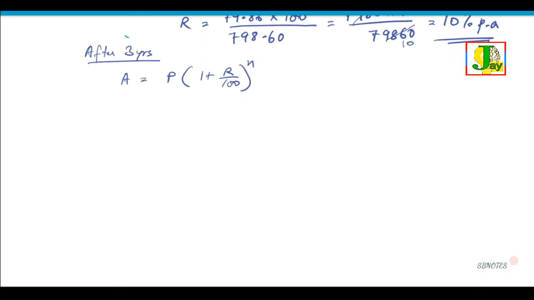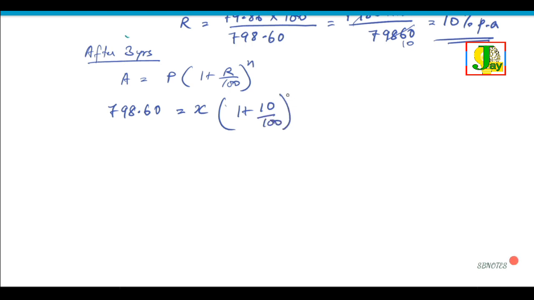Now we can use the amount formula for 3 years and put in R, so that we get how much the principal was. The amount for 3 years was 798.60, equals principal, suppose we have taken the principal as x, into 1 plus R, which is 10 by 100, whole power n.